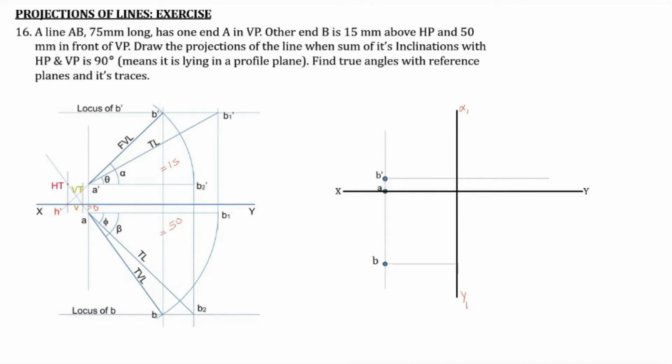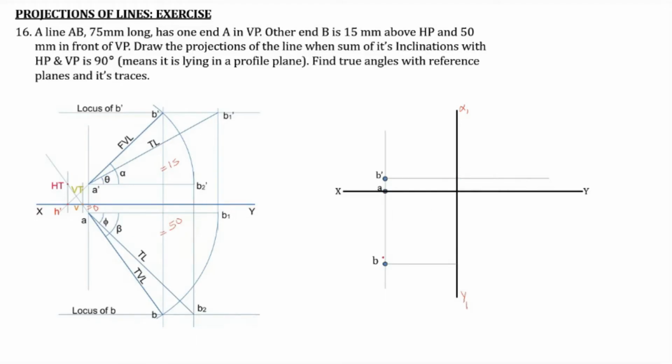And now we draw the side view in such a way that the distance of that particular point from the X1 Y1 line is the same as the distance of its top view from the XY line. So this distance equal to this distance, that is what we need.